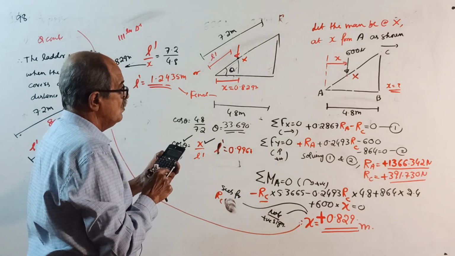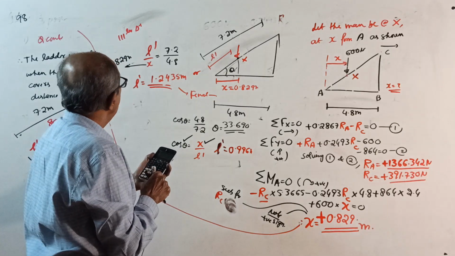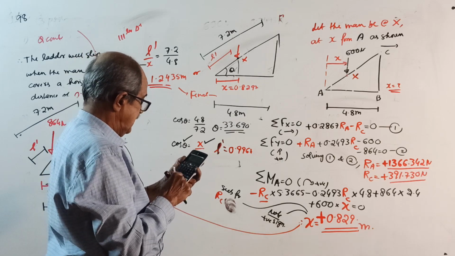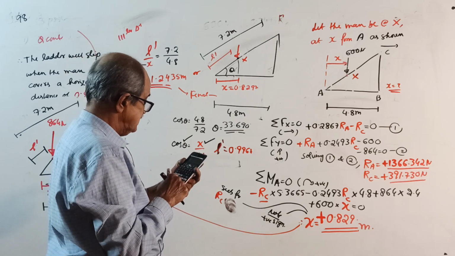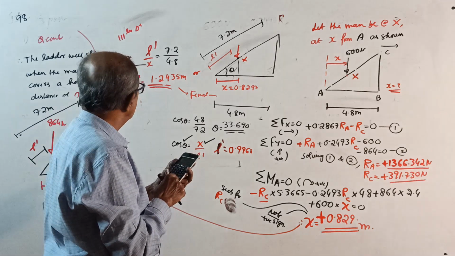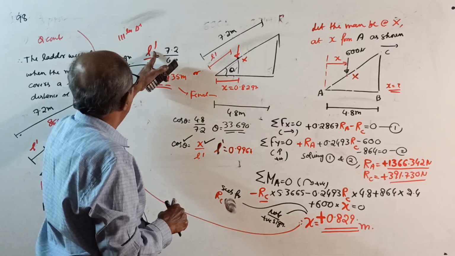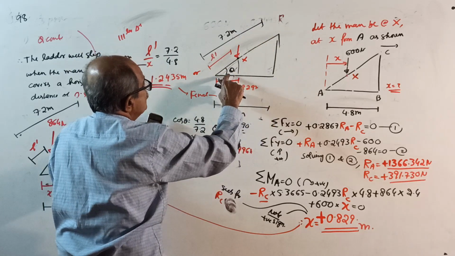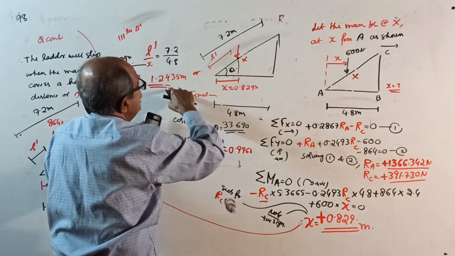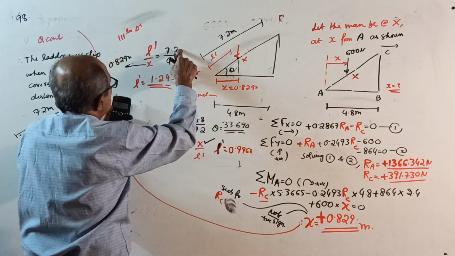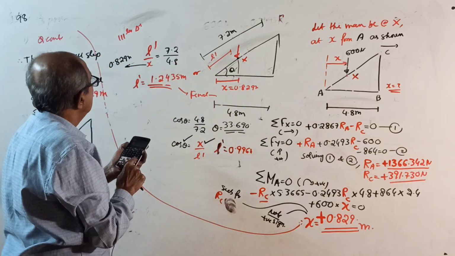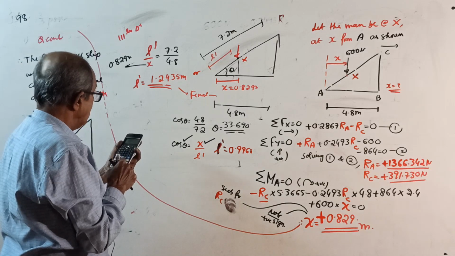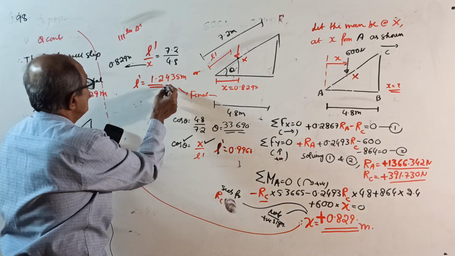I forgot the length only now. Let me check the height: 7.2 square minus 4.8 square, root of the answer, yes, correct. L dash by x equals 7.2 by 4.8, so L dash is 7.2 by 4.8 into x. 7.2 divided by 4.8 into 0.829 meter is 1.2435 meter.